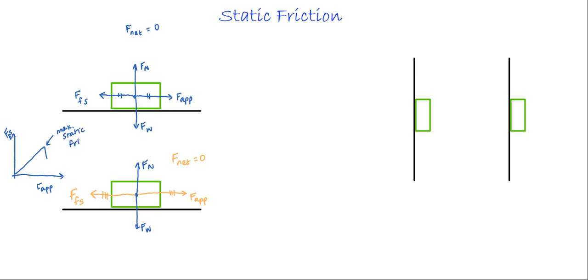And at that point, we can actually make some specific calculations that have to do with more than just the applied force. In other words, there are factors that determine the amount of static friction maximum that you can have that are beyond just what your push is. So this maximum static friction value here is what we're going to be focusing on for the rest of this video.